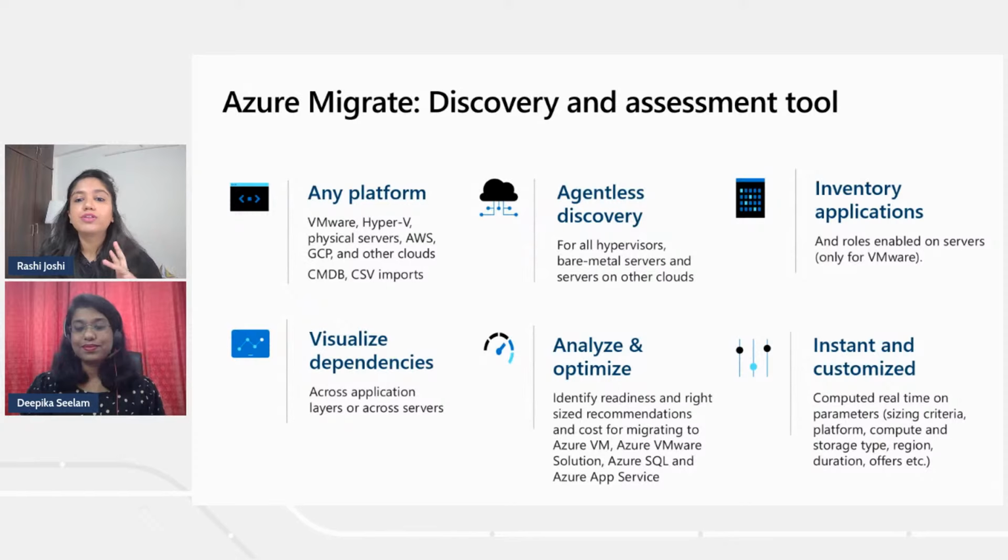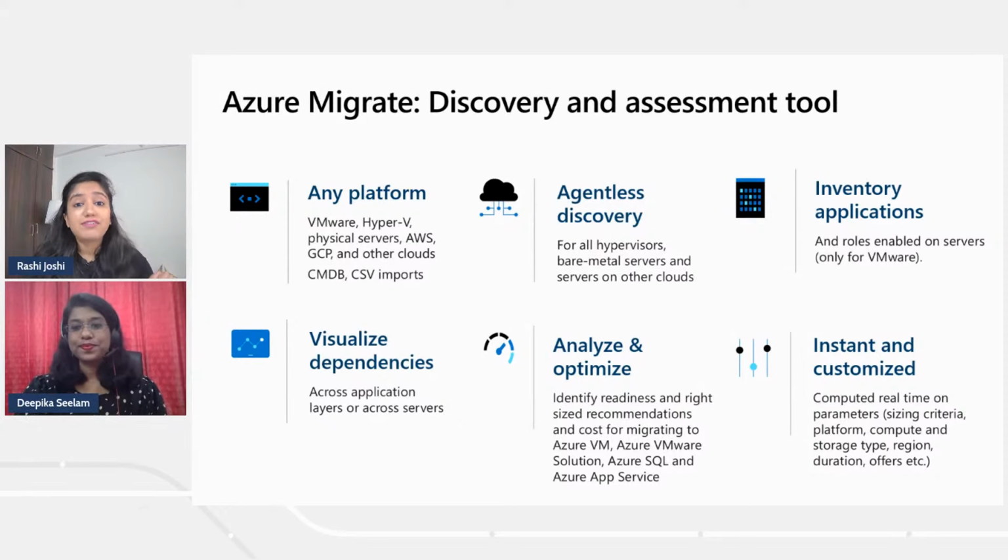Yes. Let's talk about the first tool, which is the first-party discovery and assessment tool that Azure Migrate has. There are a couple of capabilities that we're going to talk about and also demo to you in just a bit. The first-party discovery and assessment tool allows you to perform an agentless, comprehensive, at-scale discovery of machines running on any platform, be it hypervisor platforms such as VMware or Microsoft Hyper-V itself, or even public clouds such as AWS, GCP, or even bare metal servers.